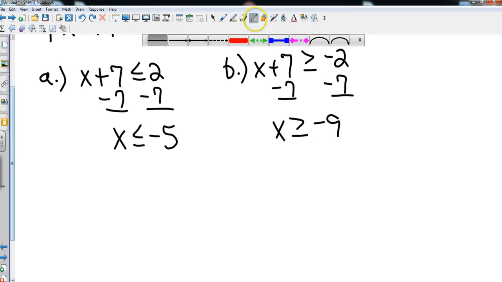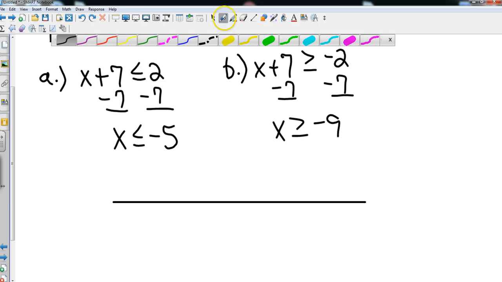And so we're going to put a number line down here. Put our 0 in the middle. Let's go negative 5 there, and a little bit more to negative 9. Now, that says we are less than or equal to negative 5, so that's a closed circle.